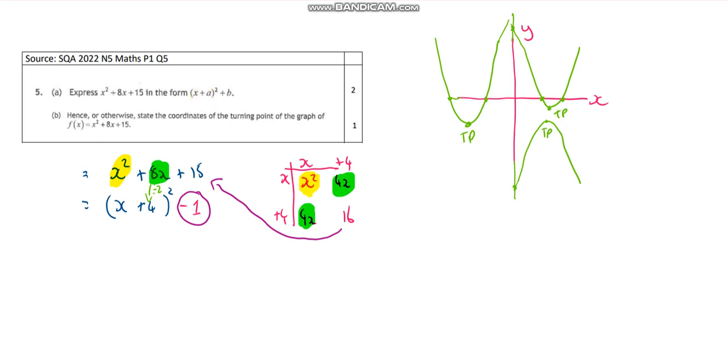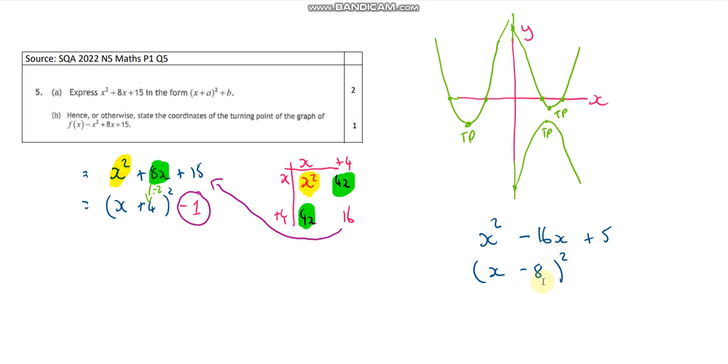So I'll just do another one over here just to see. Okay, so if I said x squared take away 16x plus 5. You write your bracket out, and you say I'm going to half the middle term, so half that will give me negative 8.